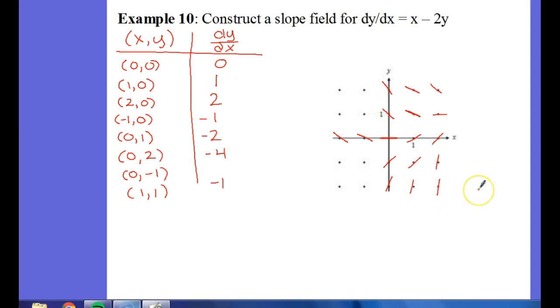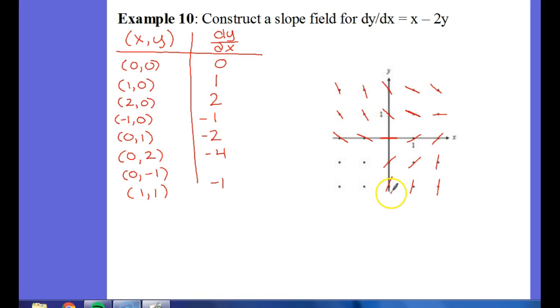Again, in this corner they'd be super steep and positive. Over here, your x's are negative and your y's are going to give you negatives, so they're going to be steep but negative, the opposites of these. Down in this lower corner, your x is negative and your y is negative, so they're becoming less and less steep.